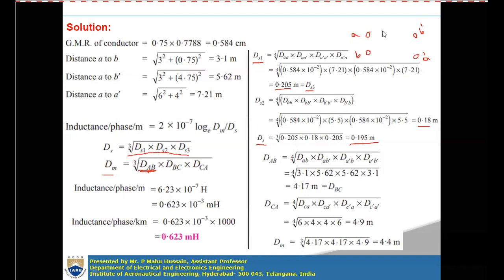The mutual distances, here you have 2 and here you have 2, so the product is whole to the power of 1 by mn, that is 1 by 2 into 2, the fourth root of all the mutual distances from the other conductors.